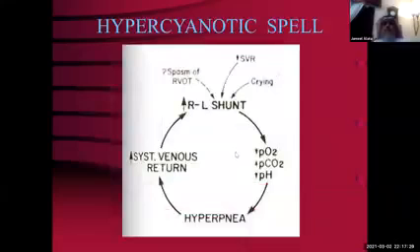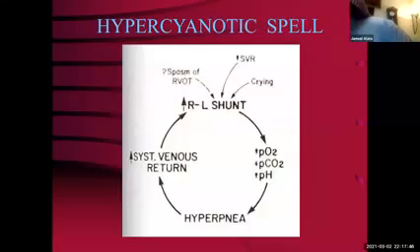Right. And when we talk about tetralogy of Fallot, we never forget talking about the hypercyanotic spell pathophysiology. What's a hypercyanotic spell? When we say hypercyanotic, we know that they are already cyanotic patients. So they have a baseline cyanosis.